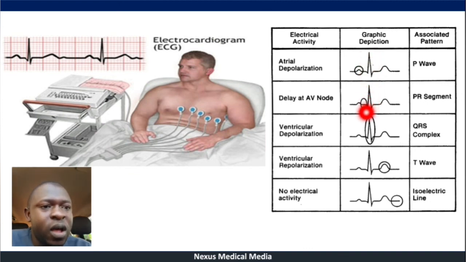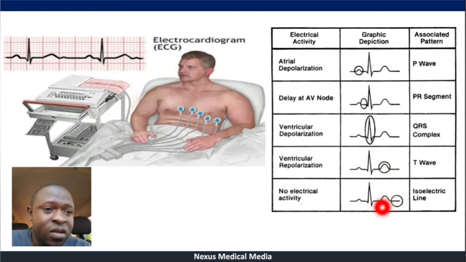This delay is called the PR segment. And then ventricular depolarization is indicated by the QRS complex. And then ventricular repolarization is indicated by the T wave.